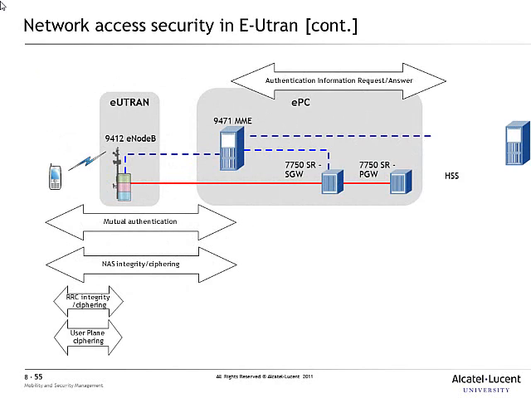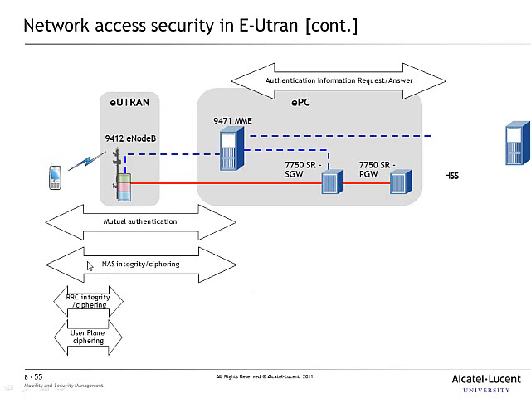So this diagram here shows the different security procedures. So we have mutual authentication performed between the UE and the MME. Okay, as I said, the UE authenticates the network and the network authenticates the UE.